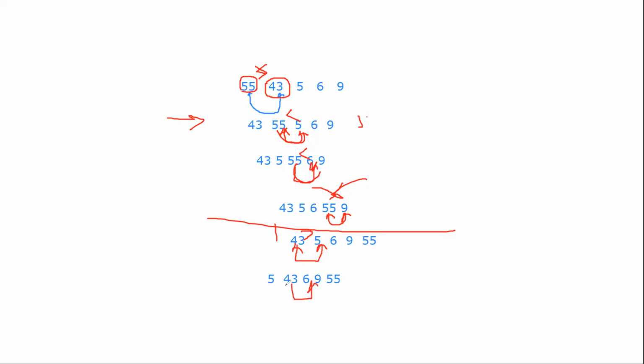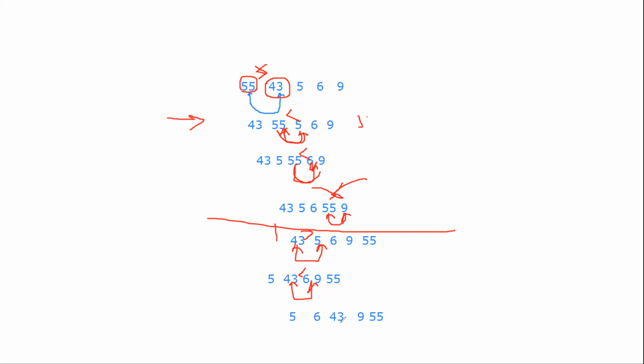Now compare 43 with next element, that is 6. In this case 43 is greater than 6. So interchange these two elements. New list is 5, 6, 43, 9 and 55.